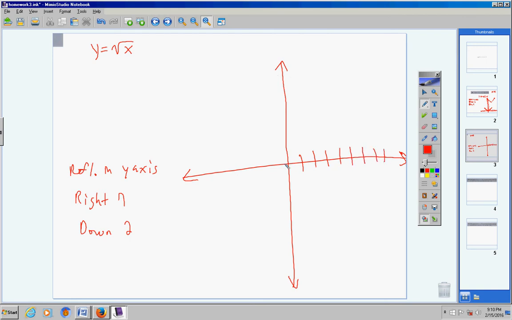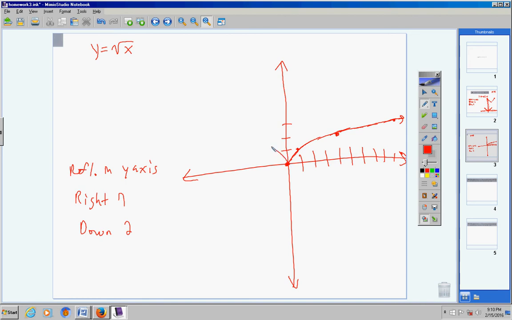It would be at 0, 0, and then 1, 1, and then over 4 and up 2, and then over 9, and up 3. 1, 2, 3, 4, 5, 6, 7, 8, 9, and then up 3. So it would look something like this. Remember, square root graphs do not go in both directions. There's an arrow on one end.